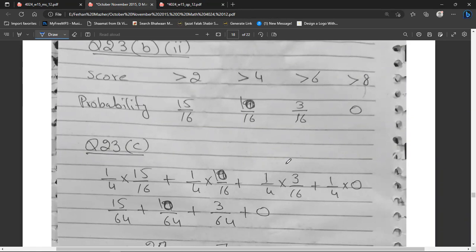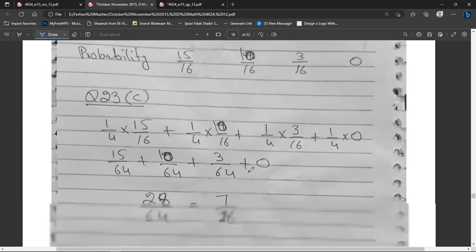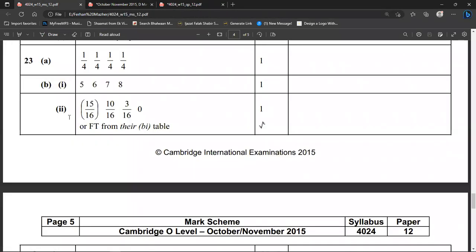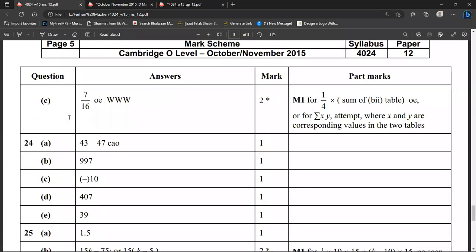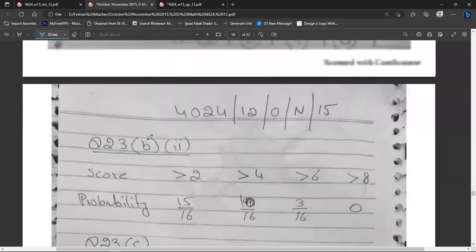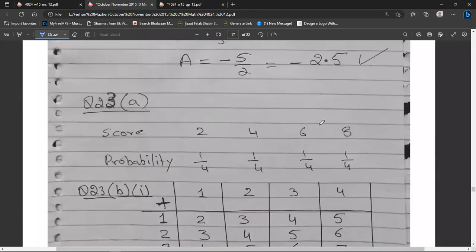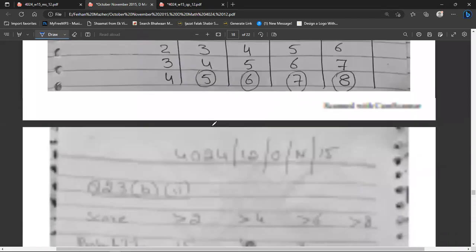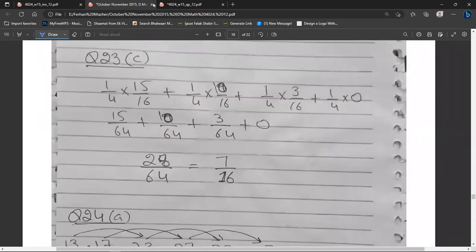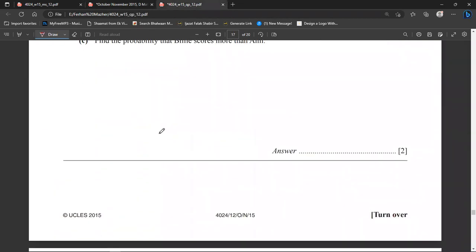It will be 15 by 64 plus 10 by 64 plus 3 by 64 plus 0, that will be 28 by 64, and that will be 7 by 16. So 7 by 16 is the right answer, sir. Hopefully you understand. I have used this and this to answer this. A little tricky question.